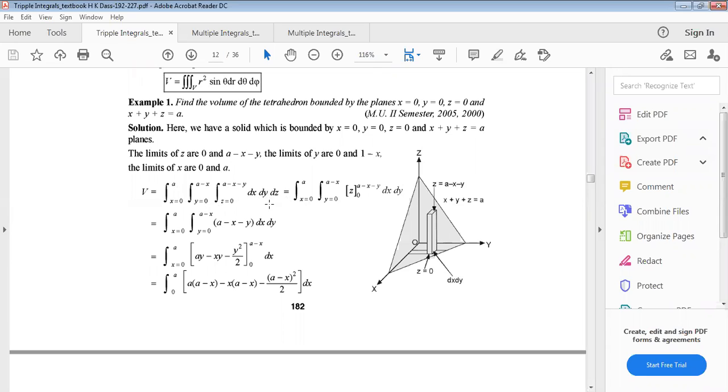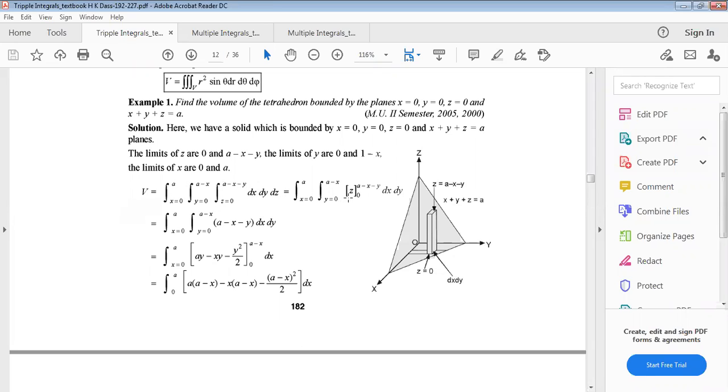Now if we take the integration with respect to z, integration of 1 with respect to z gives only z. There is nothing else, just dx dy dz, which represents the smallest volume, so the sum of all volumes is indicated by the triple integration.